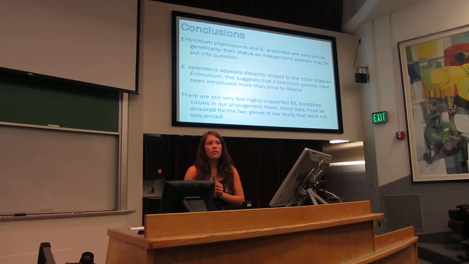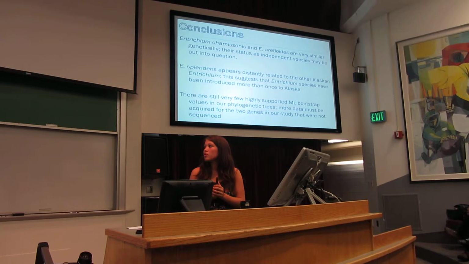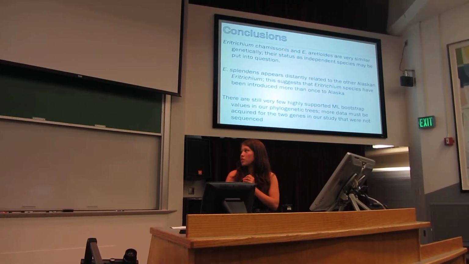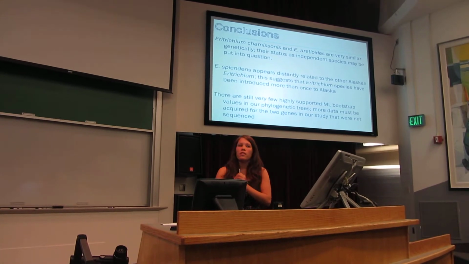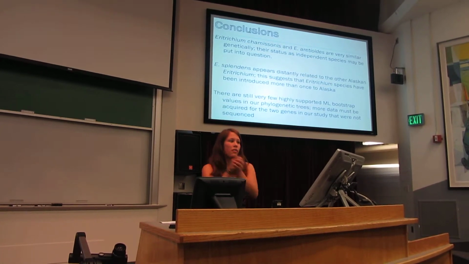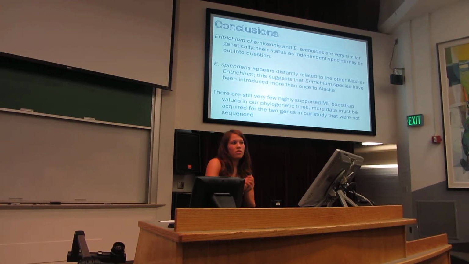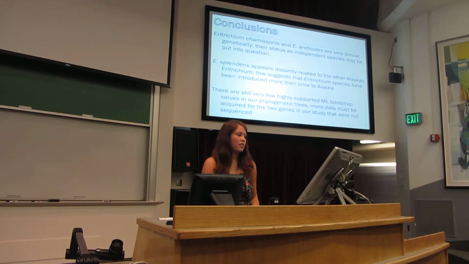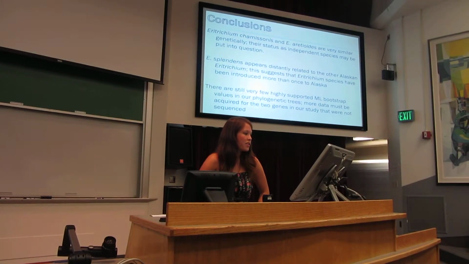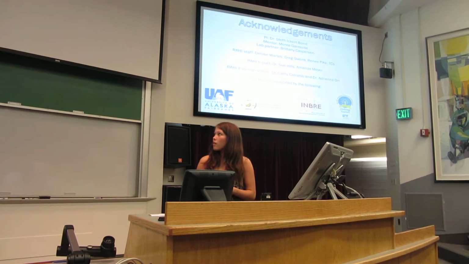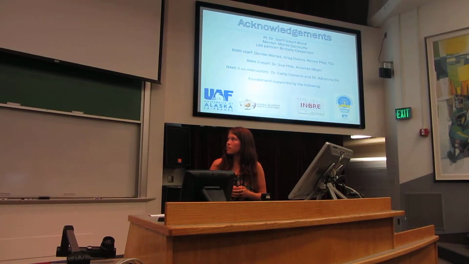And there are still very few highly supported ML bootstrap values in our phylogenetic trees, and more data are required from the two genes in our study that were not sequenced. And you can tell in the tree that the splendens were outside and were distantly related. Maybe in RAHI 2 next year we'll do another study on that using different genes to see if it's possible to show that it's actually not part of the other two species.